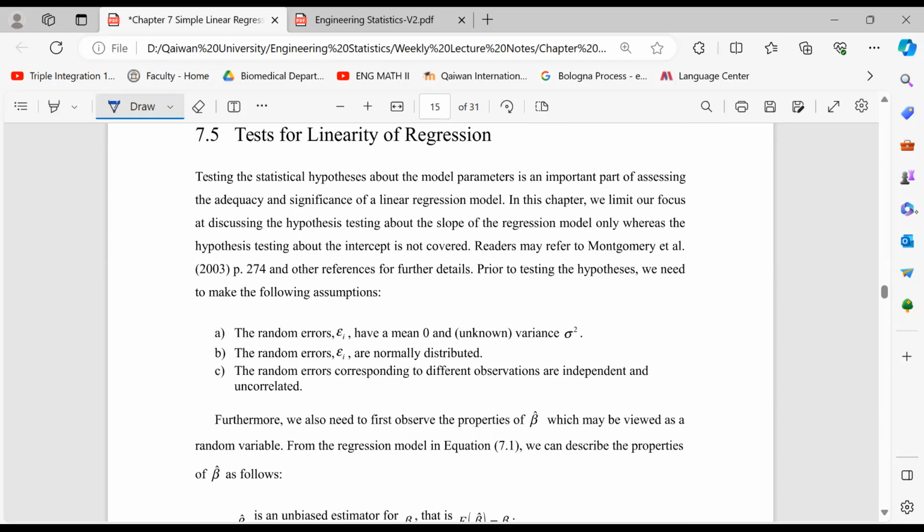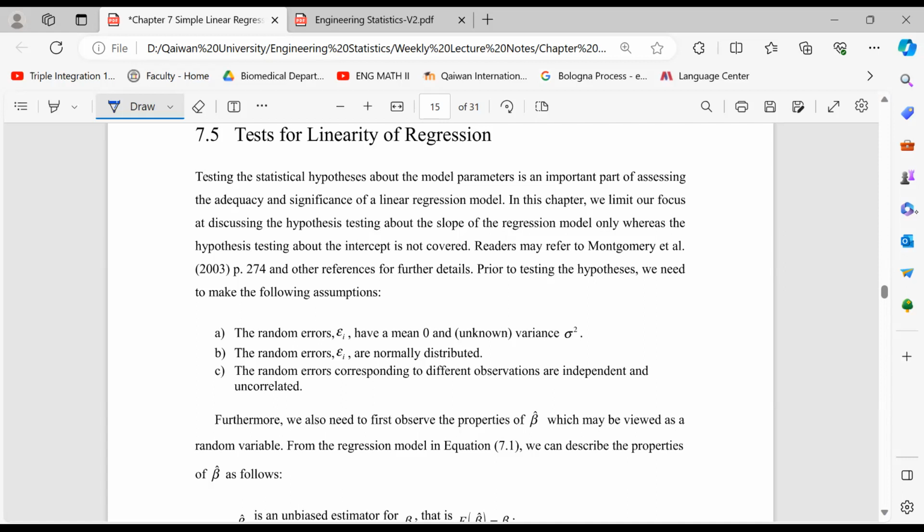Beta hat represents the slope. We also studied that if we are given a value of x, we plug it into the equation to get the value of y. And if we are given the value of y, we plug it into the equation to get the value of x. We only studied these things up to now.